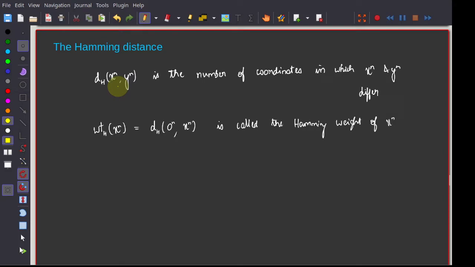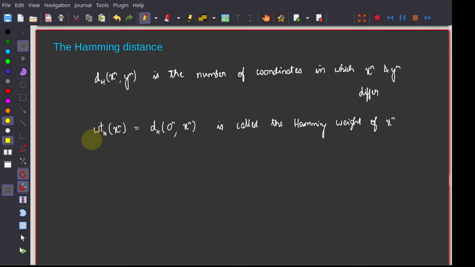So think of it in the following way: xn is the transmitted sequence. Some of these symbols are changed to give the received sequence, which is yn. And dh of xn, yn is exactly the number of locations which have been changed. So this quantity is what is called the Hamming distance between xn and yn, right?